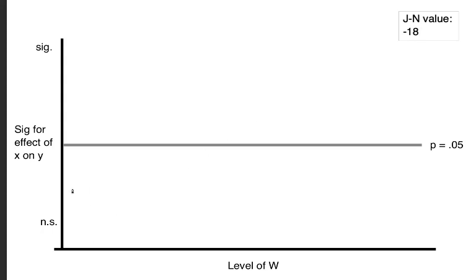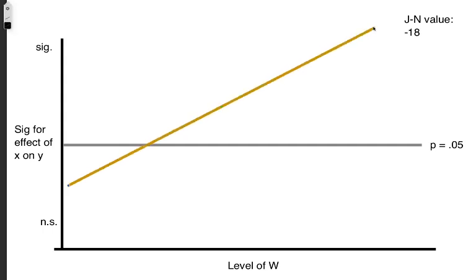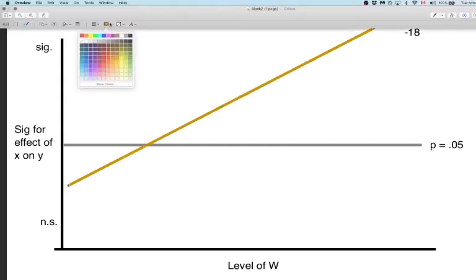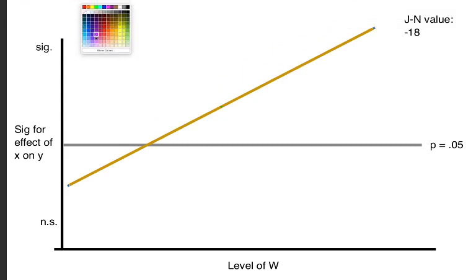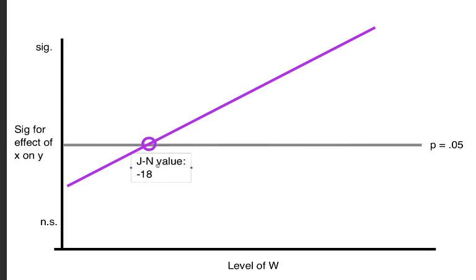What that looked like, if I was to draw it out, would be something like this. I don't like that color. Let's make it, that's better, nice purple. So this point right here is the Johnson-Neyman value, -18. When the moderator is less than that, anything below -18, there is no significant relationship between x and y.